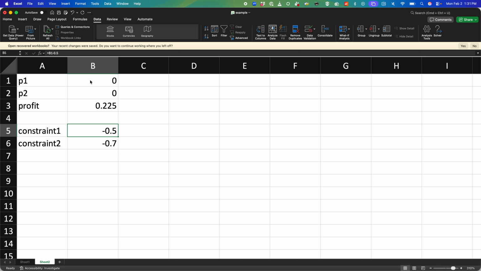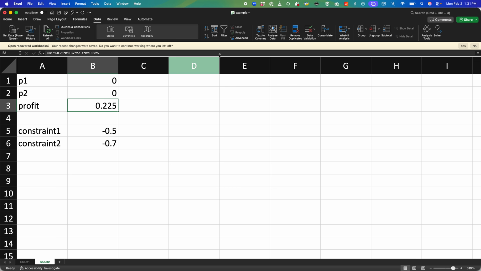Okay, so we have a constraint here where we're just writing out the negative null form of these constraints, right? So P1, yeah, sorry, again, it's small, but if you look, it's P1 minus 0.5, and then this one is P1 plus P2 minus 0.7. Okay, so those are our two constraints.